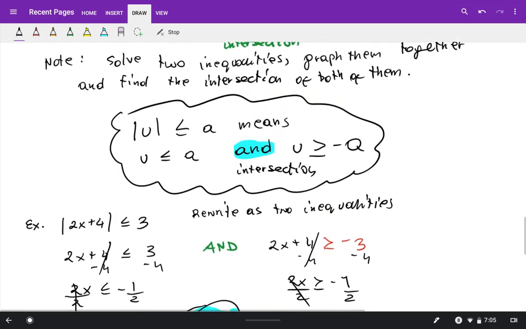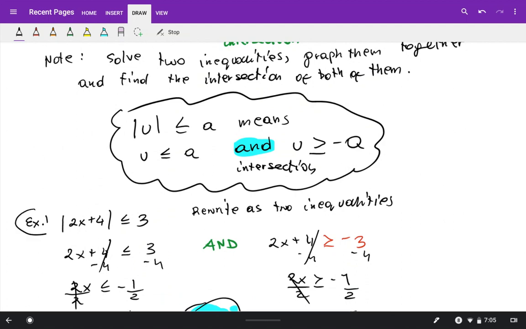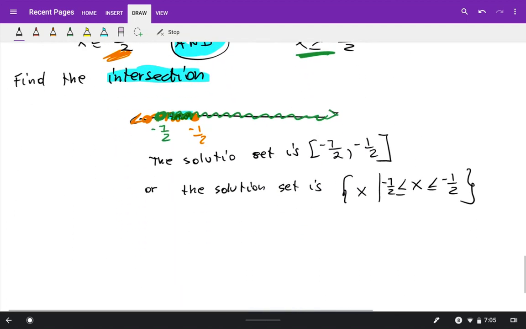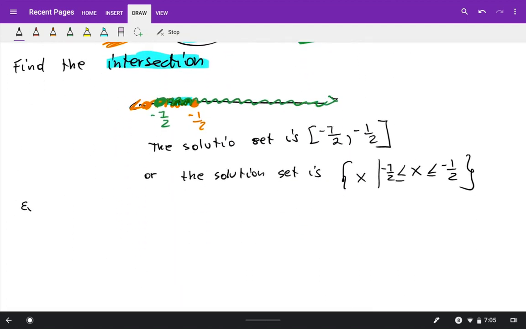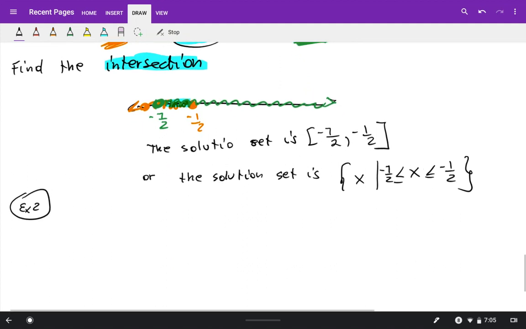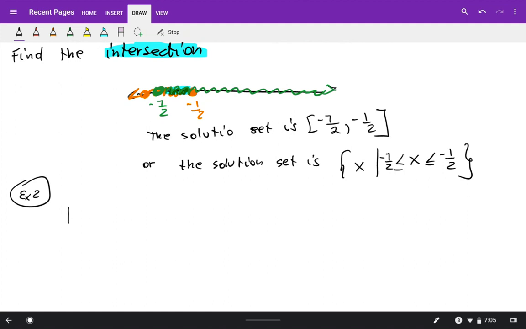So this one was example 1. Let's do example 2. So example 2, we have absolute value of 1 minus 4x less than 5. So again, less than means that you're going to have two inequalities combined with the word and.